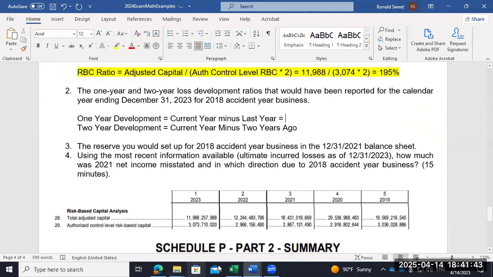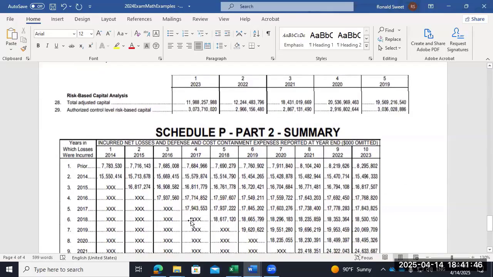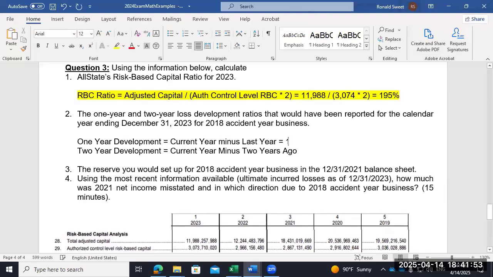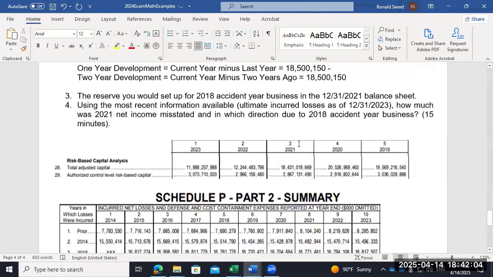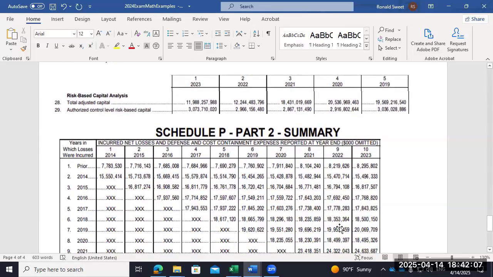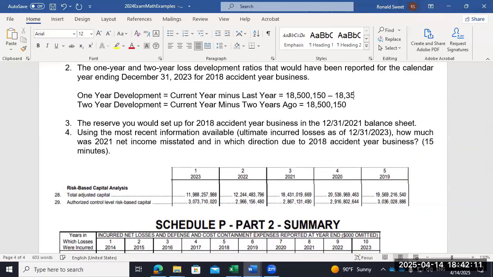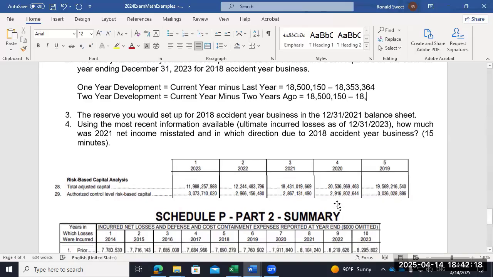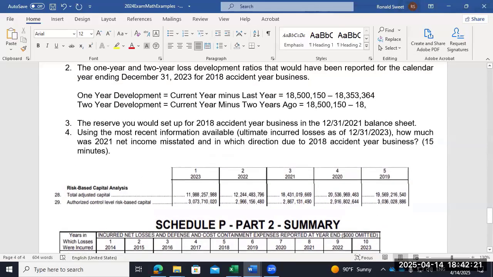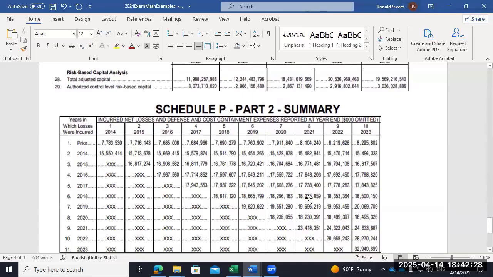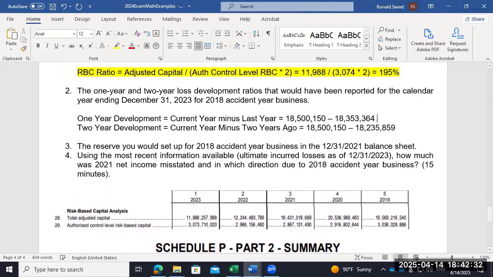So in this case, 18,500,150, you can use the same thing for both of them, and then you subtract last year, 18,353,364. And for 2 years ago, you subtract 18,235,859. Everybody see where I'm getting those numbers from?